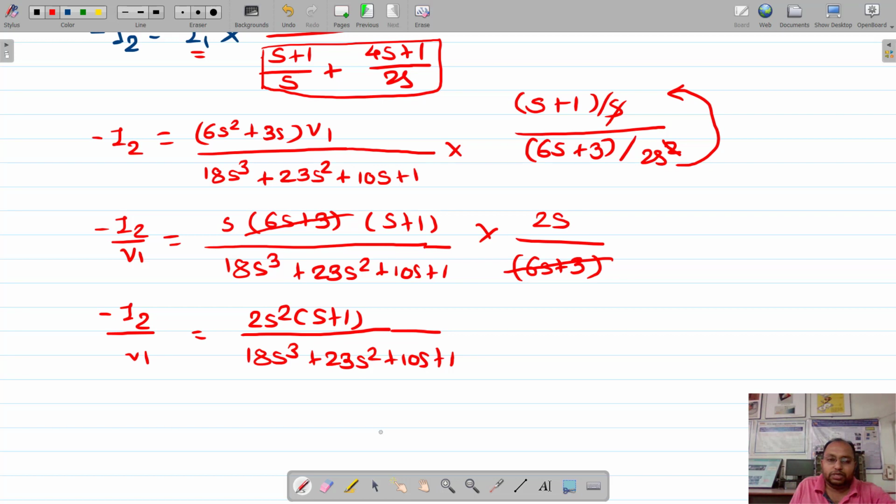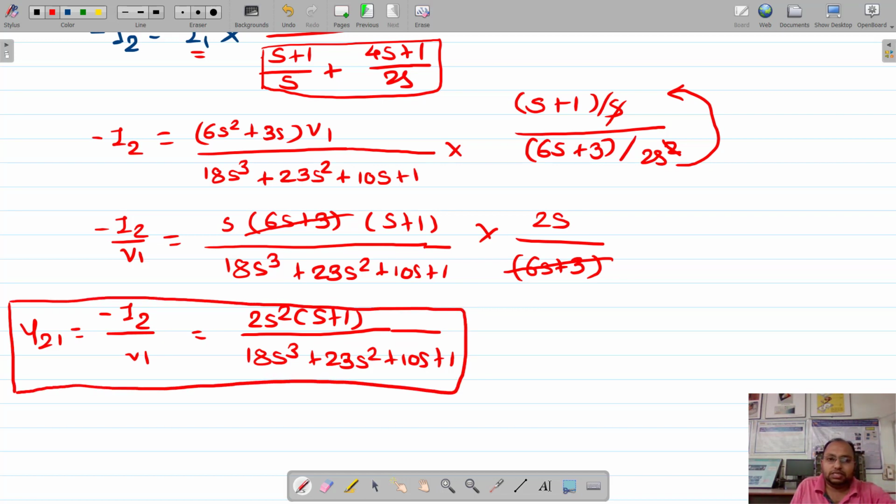And now, yes, we have found it. We are not going to take a reciprocal of this because we have found this term. Either you can go for the expansion of these 2s square into s plus 1, or you can keep it as it is, no problem at all. Okay, fine. So we have found out the first two parameters. Now let us go and find the other two parameters.